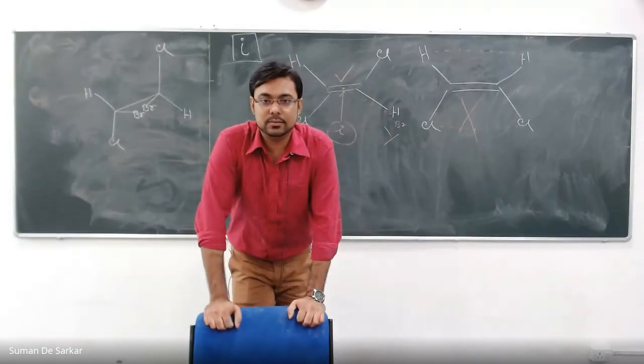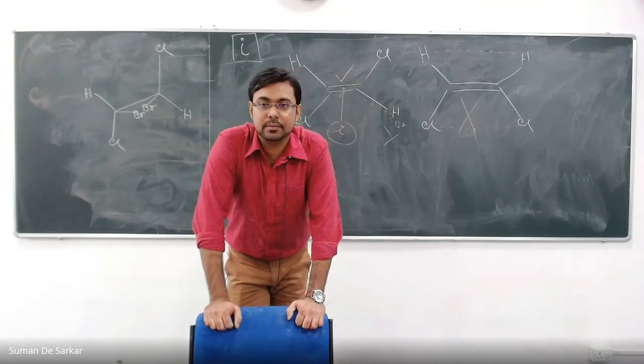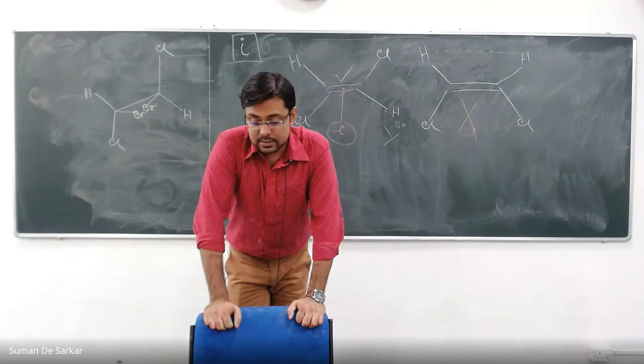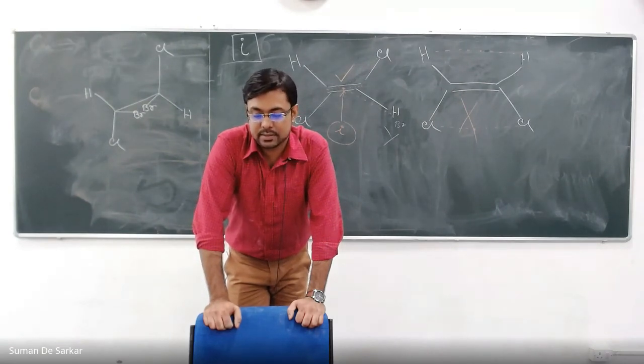Maybe I will continue next class 10-15 minutes on symmetry elements, because Sn is left, which is basically the most important, the alternating axis of symmetry. That is called the universal symmetry element.